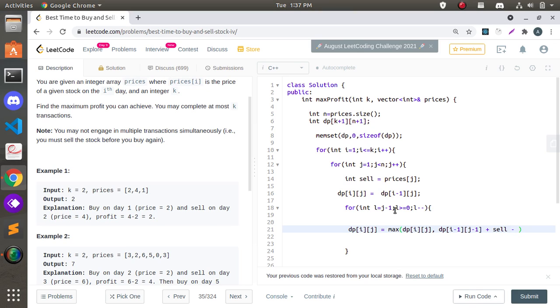Where do you subtract? If you choose the lth part, then the lth transaction comes here, and you subtract the lth price and sell at the jth price. That is the thing I am trying to write. So here it will be l. Let me indent it.